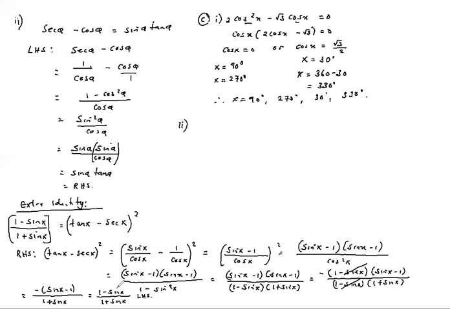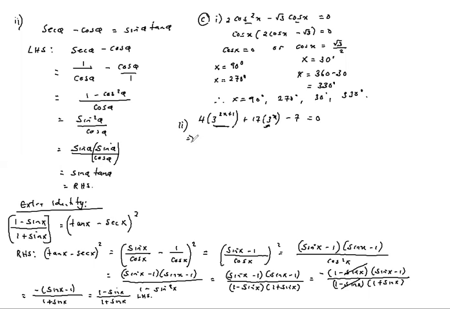So we go to C2, that is 4 times 3 to the power 2x plus 1 plus 17 times 3 to the power x minus 7 is 0. So first work on this until it gives you something like this inside the brackets.